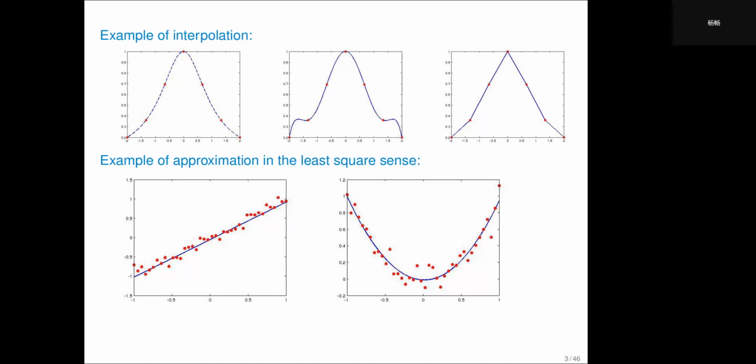For the second line, we do the approximation by using the method of approximation in least square sense. From the left one, you will find that you have many data, and we approximate it by a straight line.